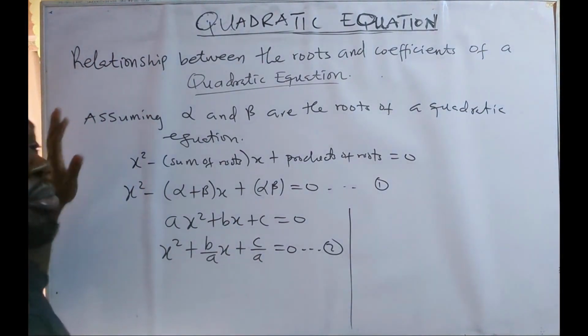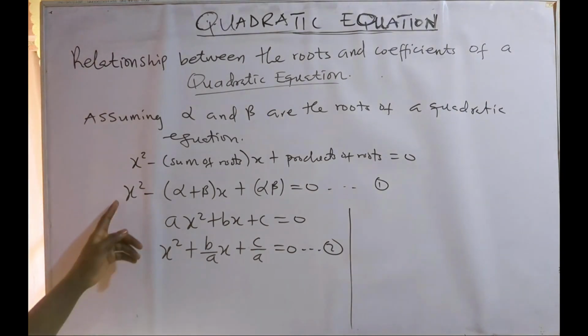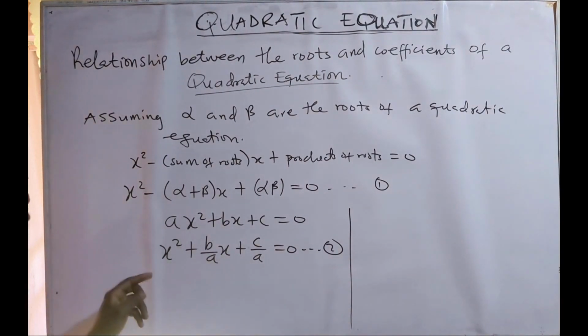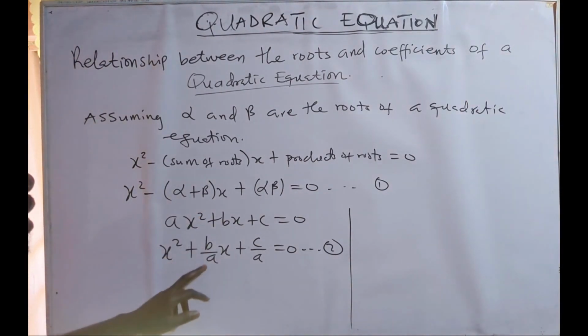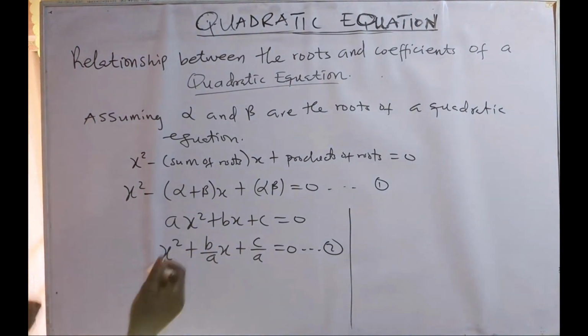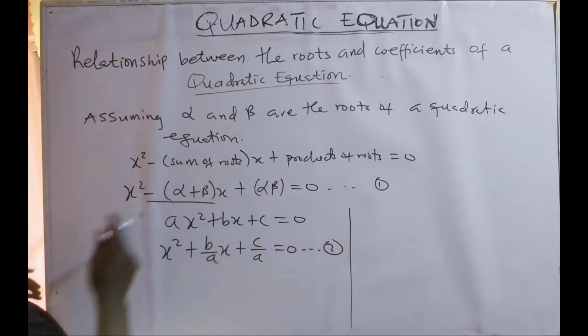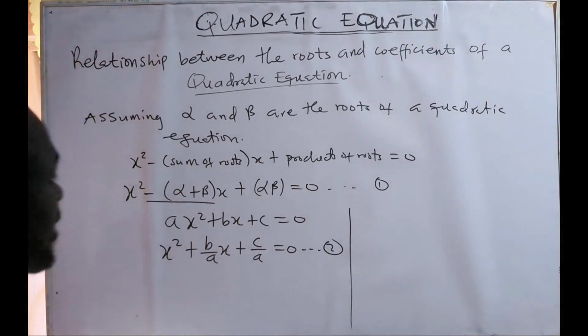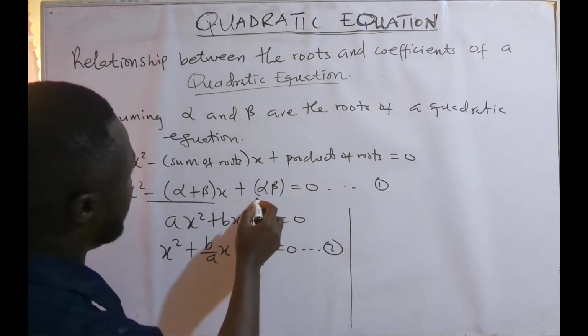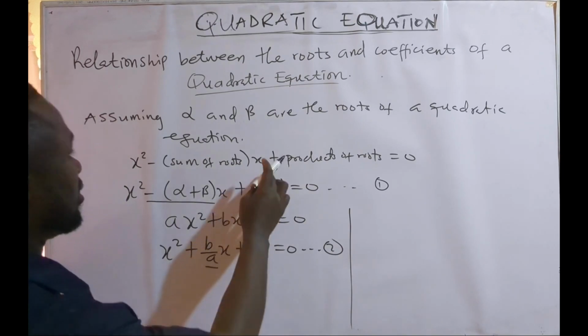So if I compare them, the coefficient of s squared is 1, and then b over a multiplied by s is the same as minus (alpha plus beta) multiplied by s, and c over a is the same as alpha beta.